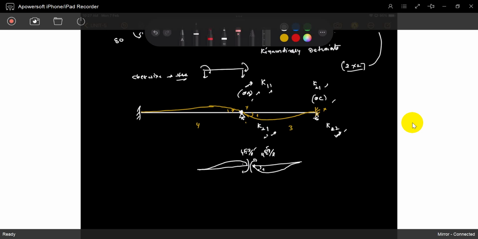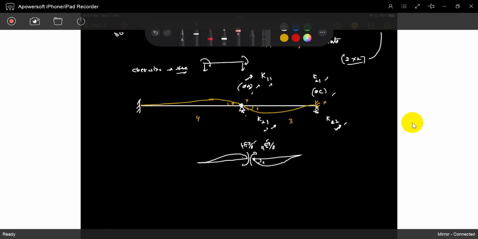Understood? So to get a unit rotation here, we require 4EI by L. L means this L is 4. For this span, 4EI by 3 it requires. That is K11. To get a unit rotation here, how much force is generated? Or otherwise, to get a unit rotation, how much force is required?